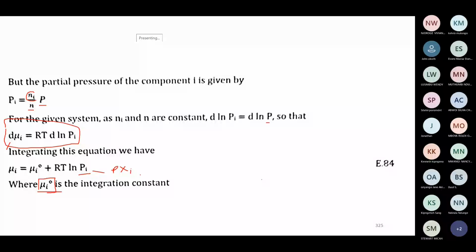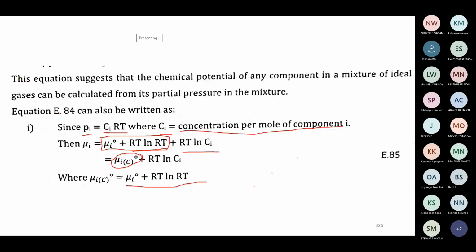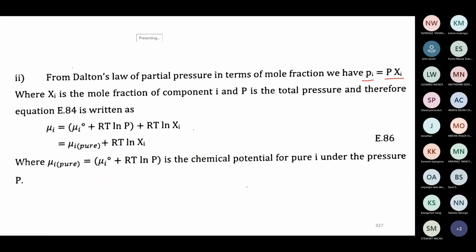So ln of P Xi is the same as ln of P plus ln of Xi. So that's why we have them being separated: mu i equals mu i naught plus RT ln of P plus RT ln of Xi.